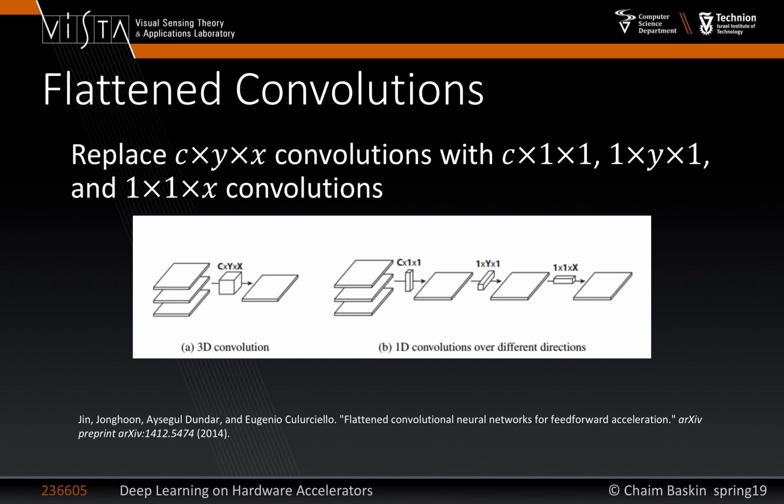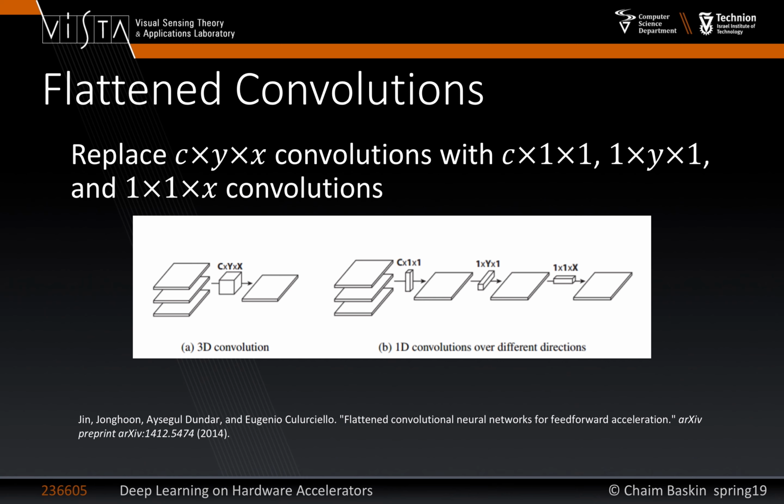One way to reduce the number of calculations during the convolutions is to divide it into 1D convolutions over different axes or directions. First we take our convolution in the channel direction, a 1 by 1 matrix along the channel feature maps, and then we get some 1D matrix.